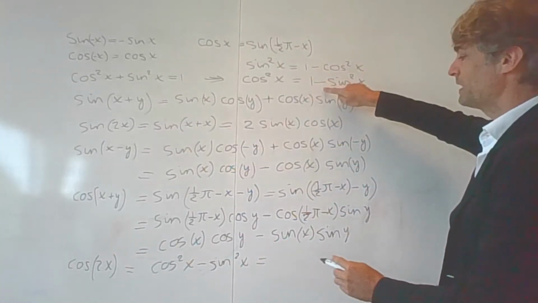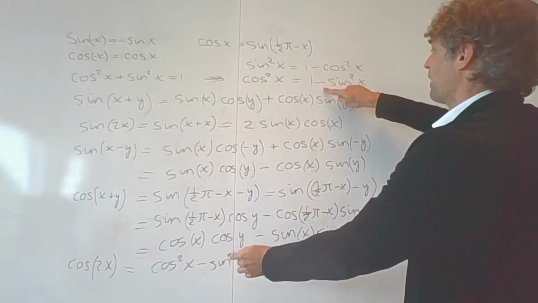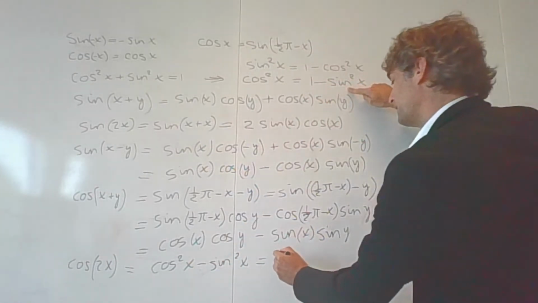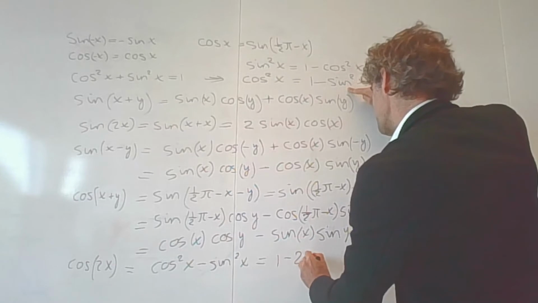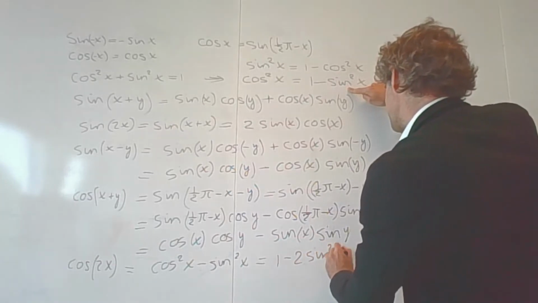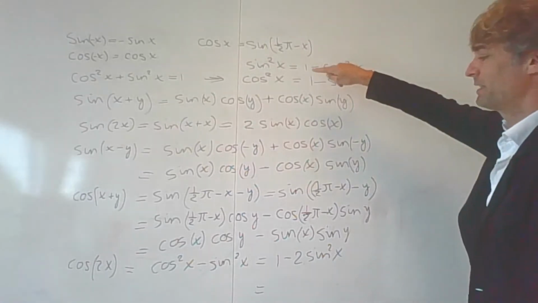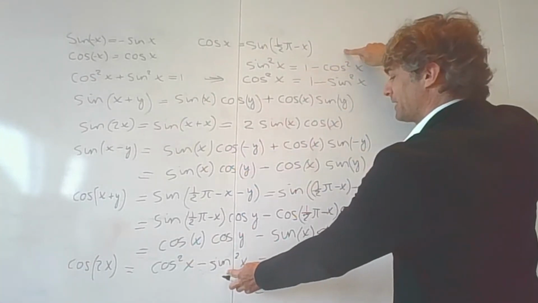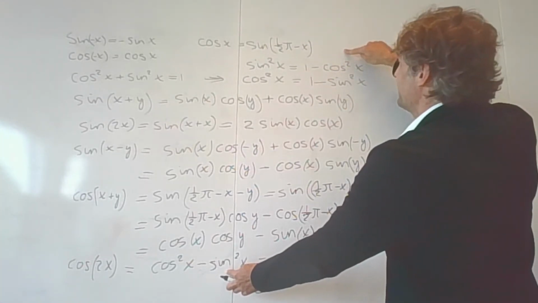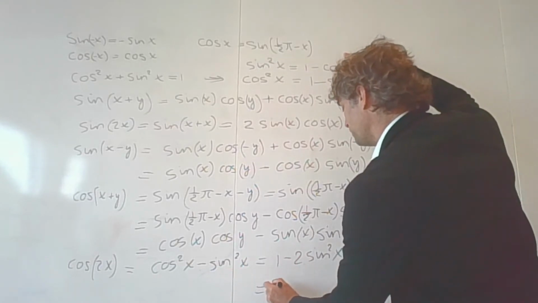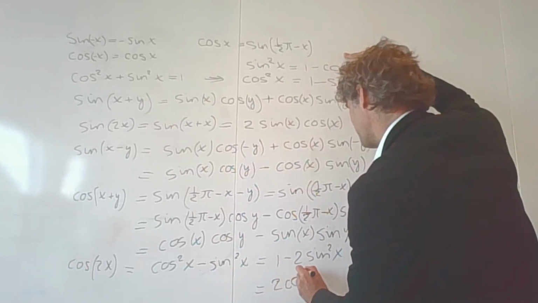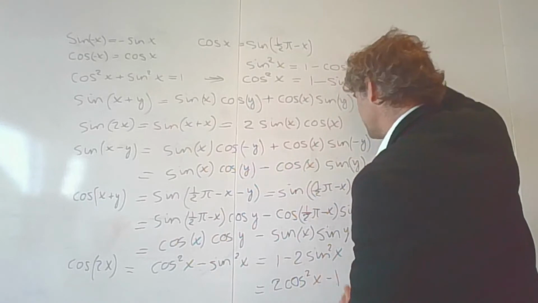That means you replace this by 1 minus sine squared, so that you get 1 minus 2 sine squared of x. Or you could say, hey, I replace the sine squared here by this, and then I get 2 cosine squared of x minus 1.